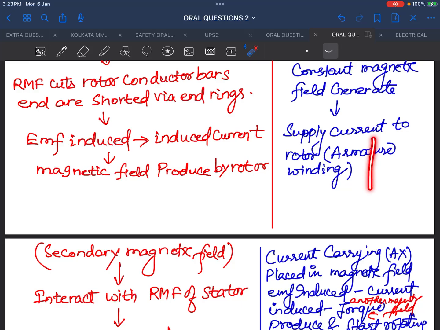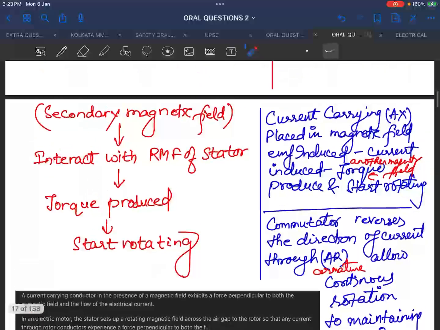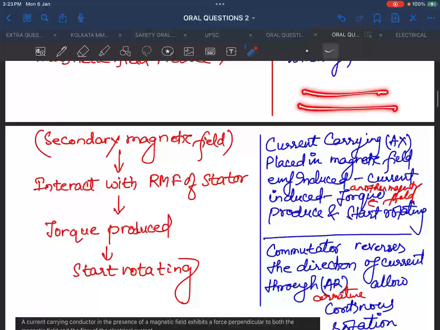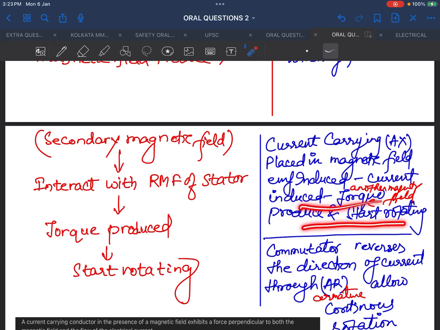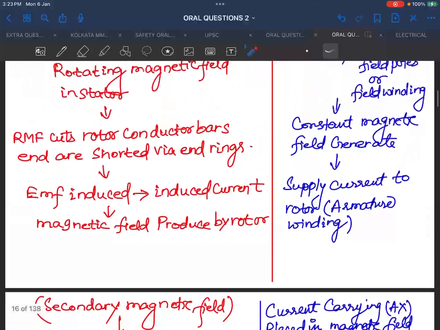When it interacts with the constant magnetic field of the stator, there is relative motion between the stator magnetic field and armature magnetic field, and due to this torque starts to be produced. I am just giving you a very short simple explanation. I will explain in detail also, but I have to discuss many questions, so this is the brief.